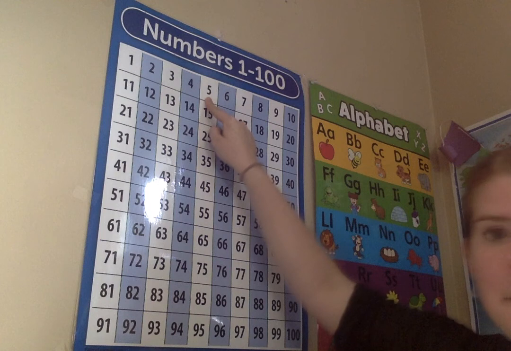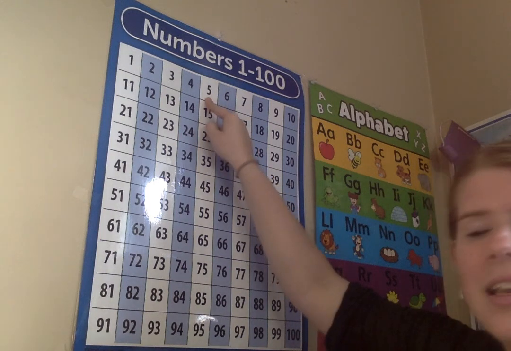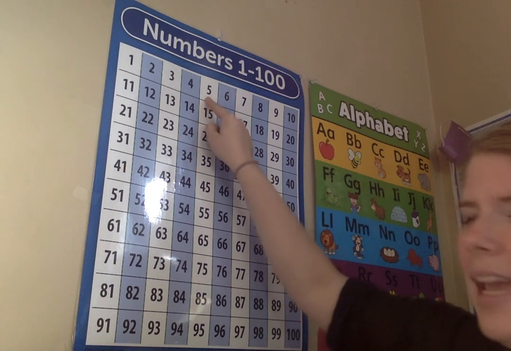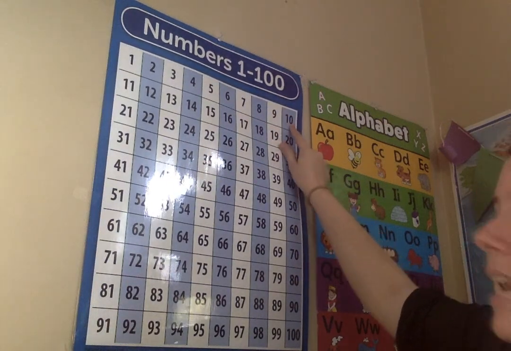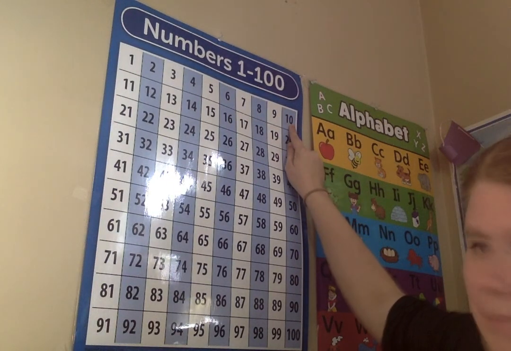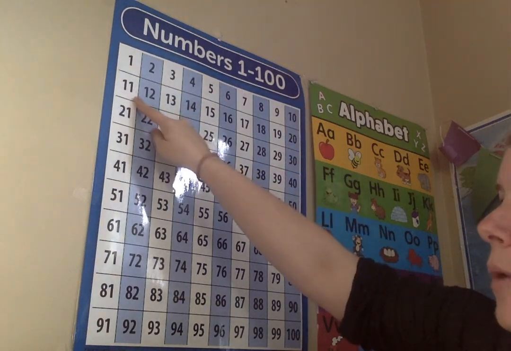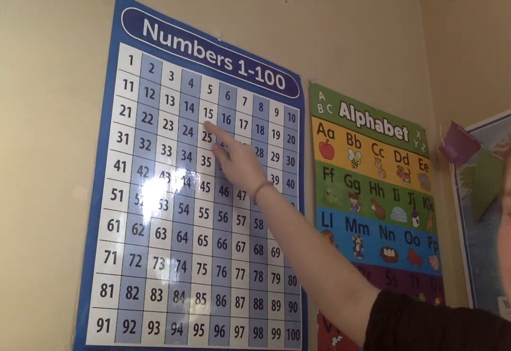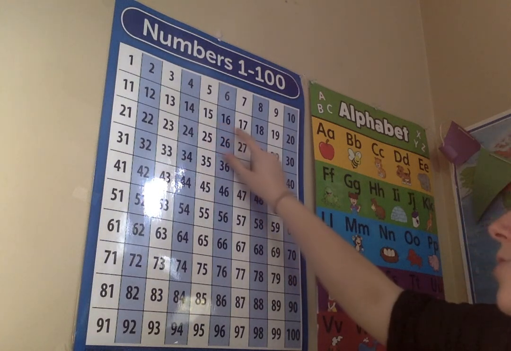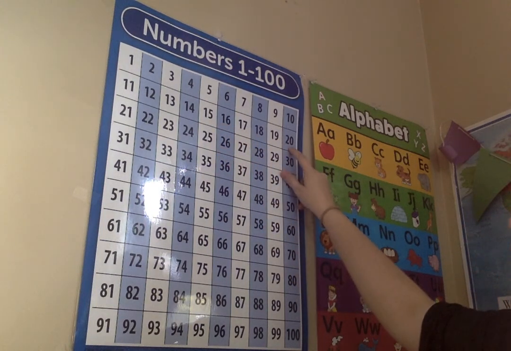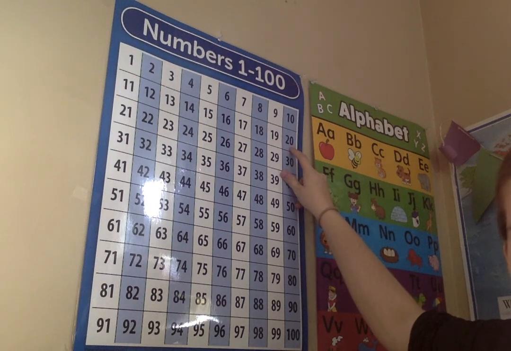The next number that we need to say has a 0 on the end. So it always has a 5, then has a 0 on the end, like 10. Then find the next one that has a 5 on the end. 15. 15 has a 5 on the end. So let's find the next one with a 0.